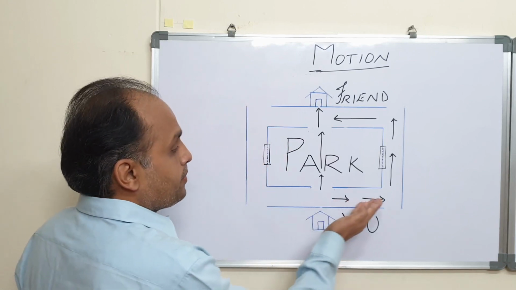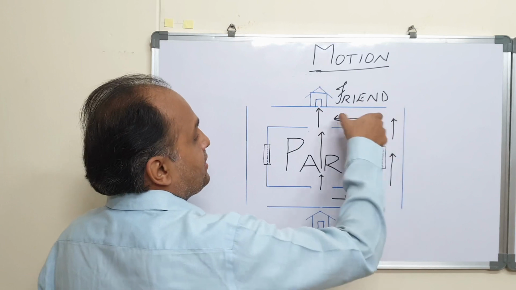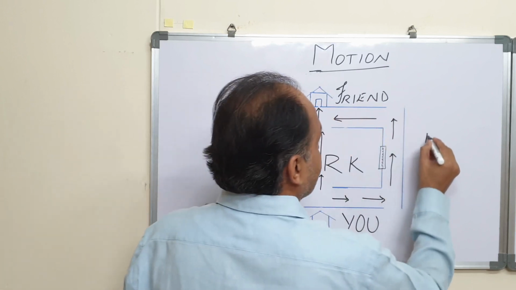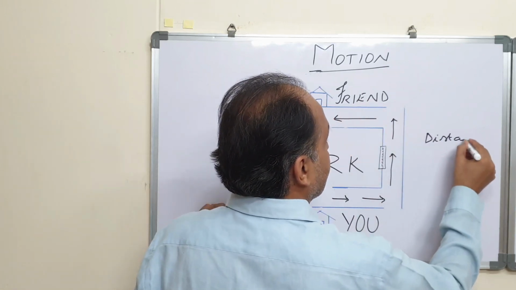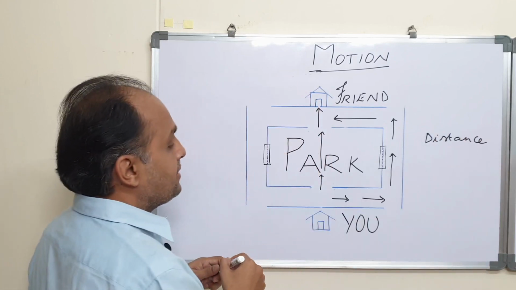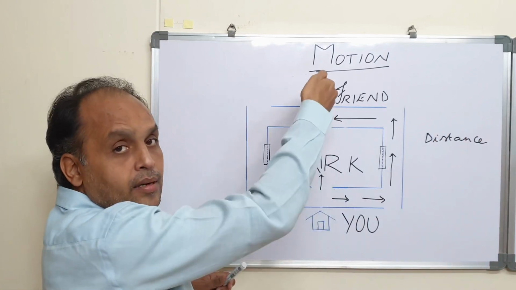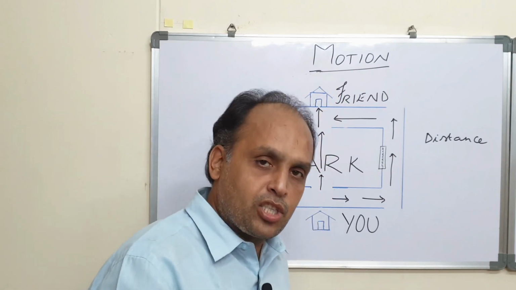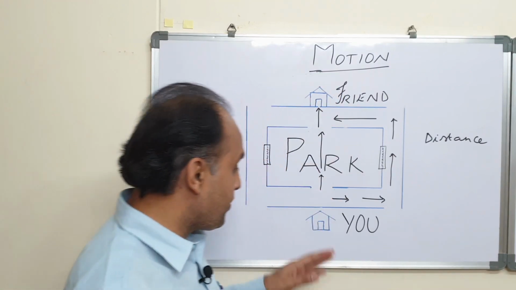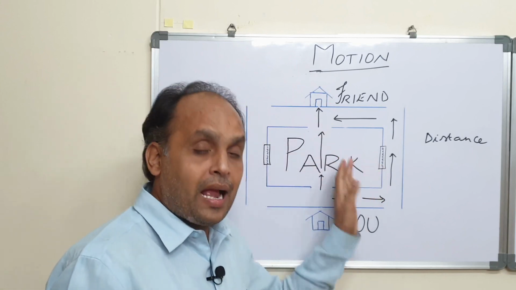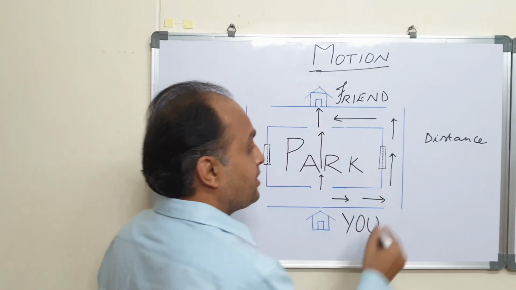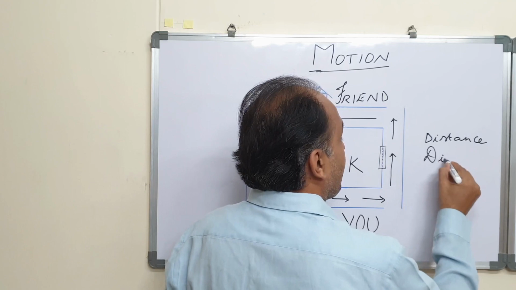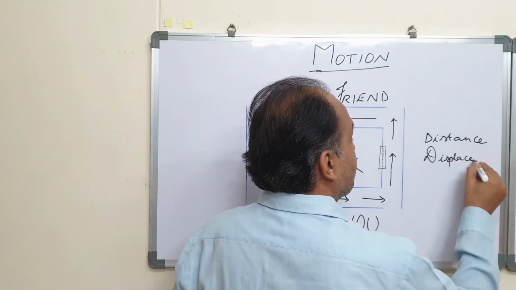So this length of the path is distance, and this length of the path is also distance, but it is the shortest distance possible from your house to your friend's house, and also in a particular direction, which is what we call displacement.